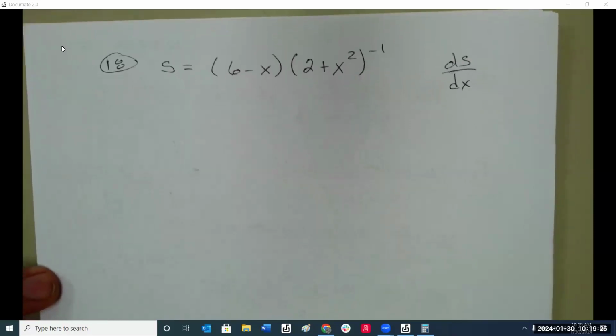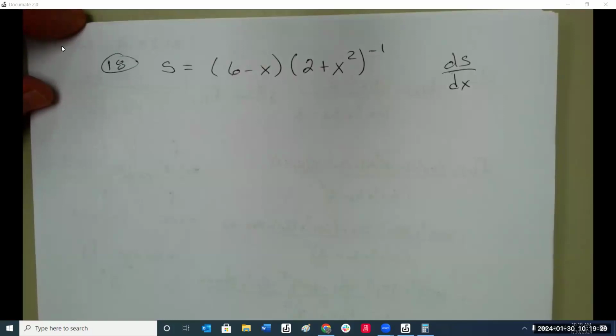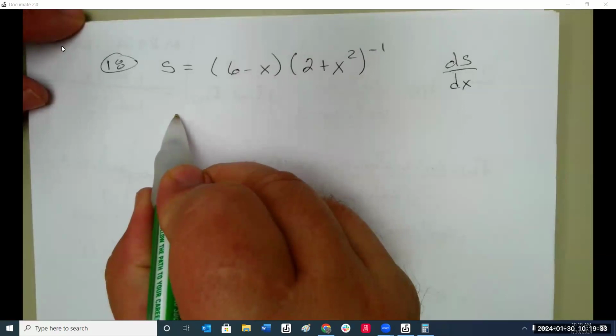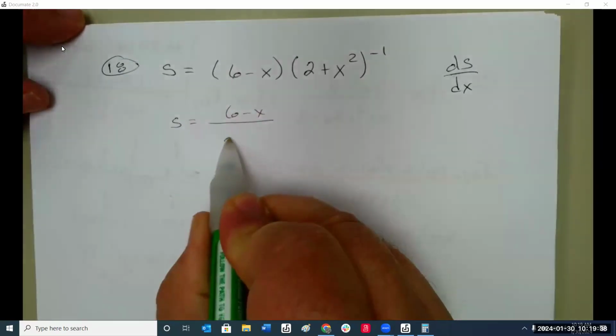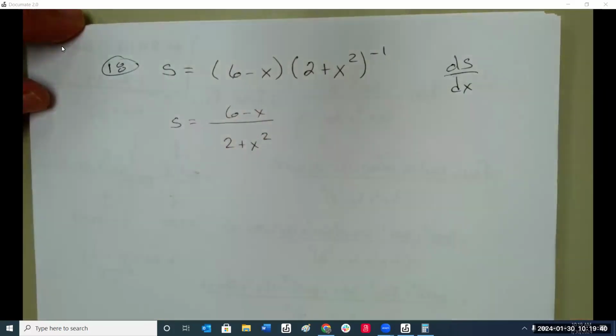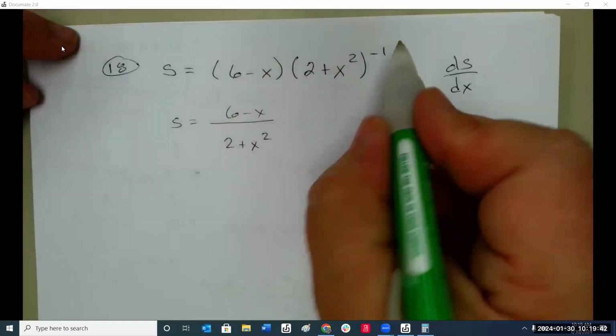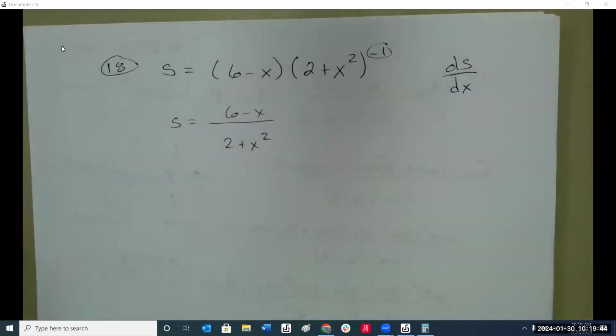So how do we take the derivative of this one? Product rule and chain rule. We could. Can we rewrite this as something else? Yes, because it's a negative exponent, we bring it down.